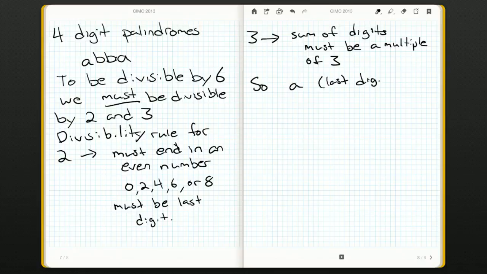So if we take a look at trying to be divisible by 2, we know that A, our last digit over here, must be 0, 2, 4, 6, or 8. But it's also that same number, since it's a palindrome, A must also be the first digit.